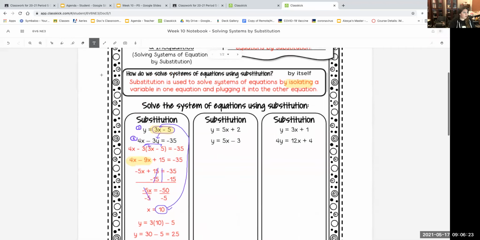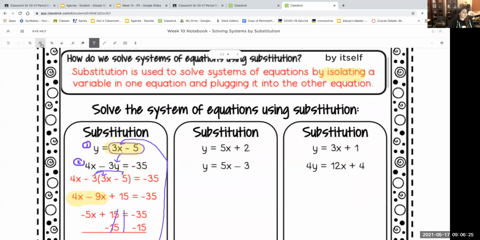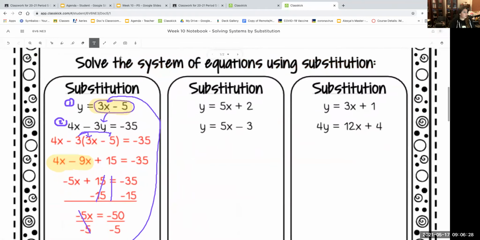All right. For this middle one, looking at both of these questions, equation 1 and equation 2, both of them have y equals. So does it matter which one we plug into the other?